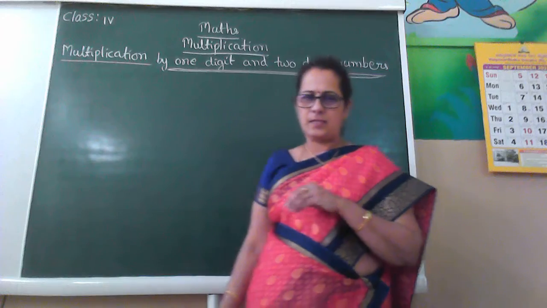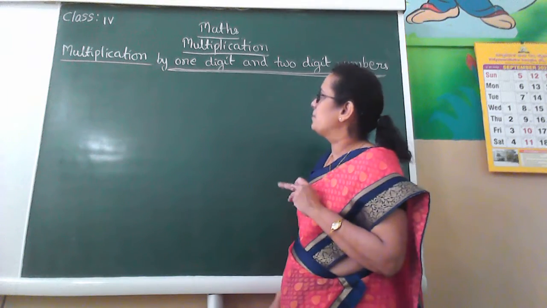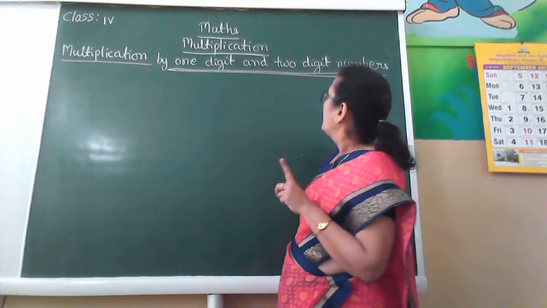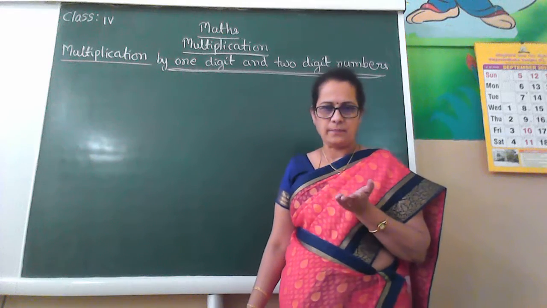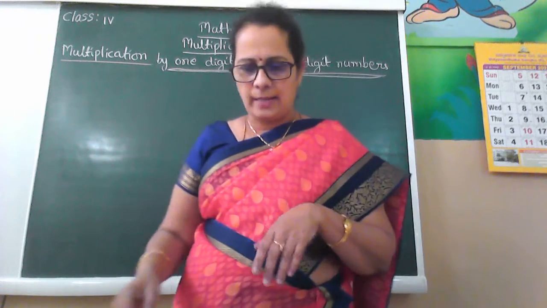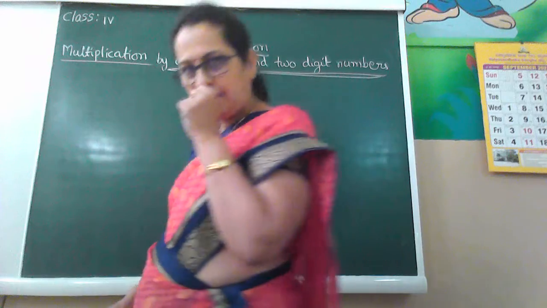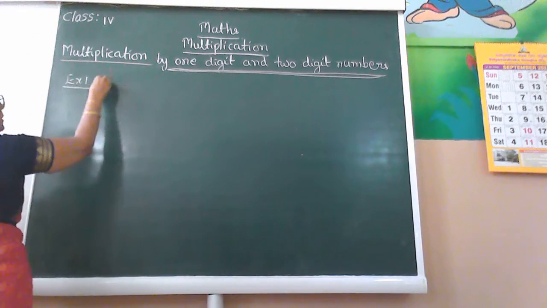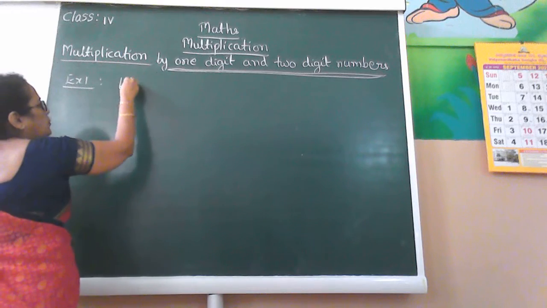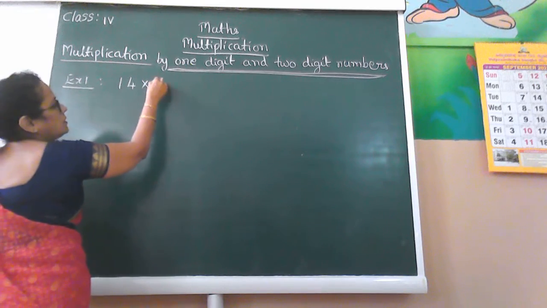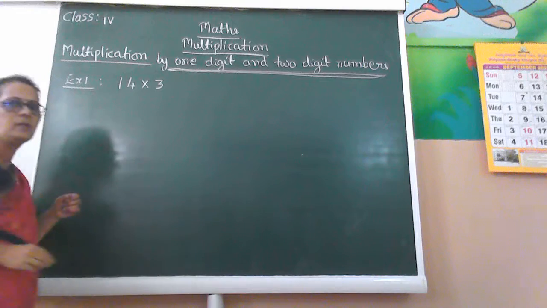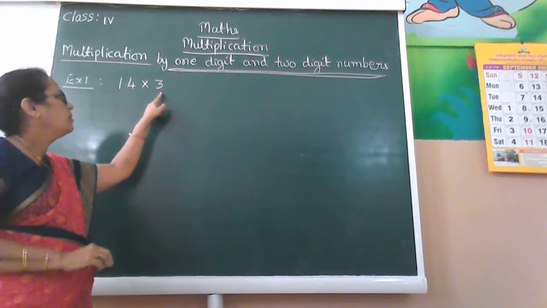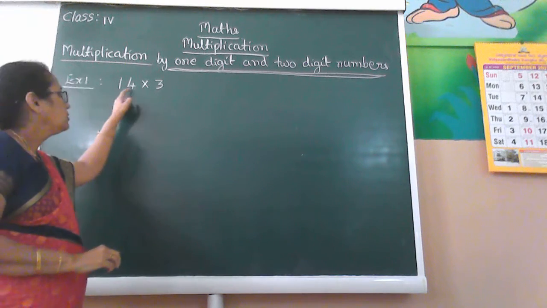So children, next we will learn multiplication by 1 digit and also 2 digit numbers. Okay, so I will write one example sum here. Example 1, 14 into, let us say 3, multiplication by 1 digit to 2 digit.